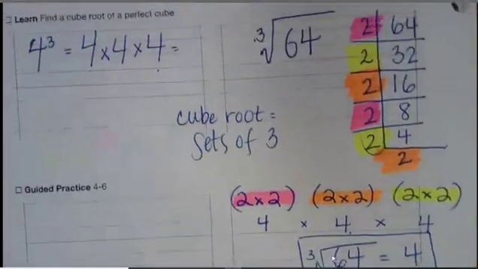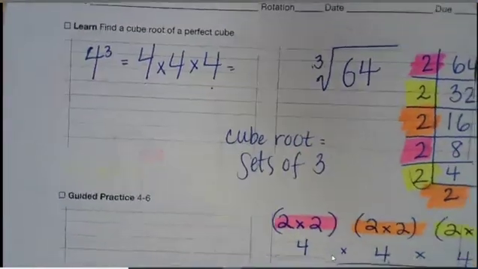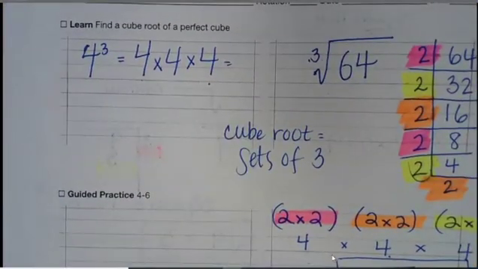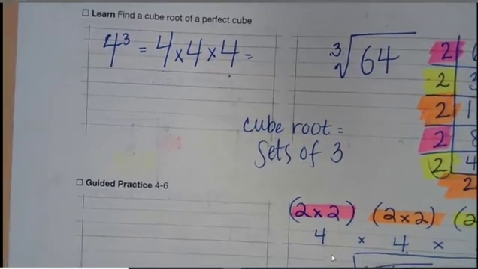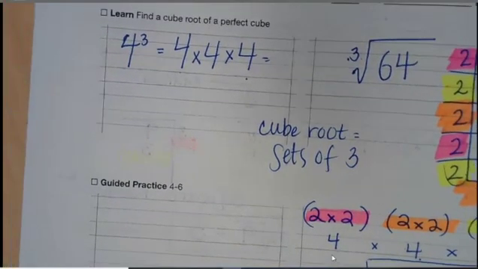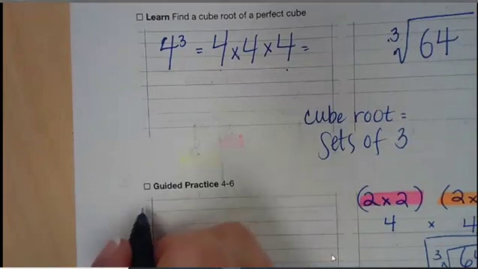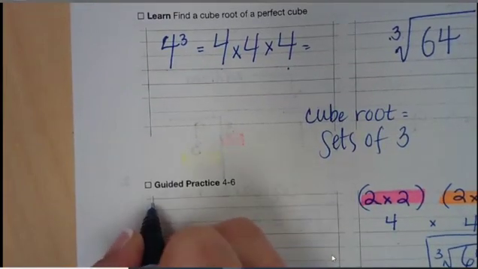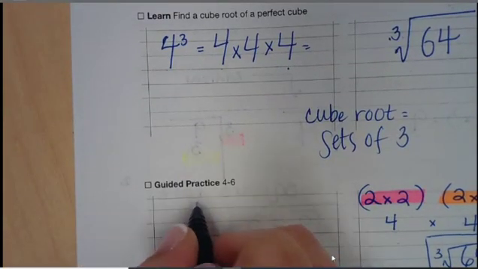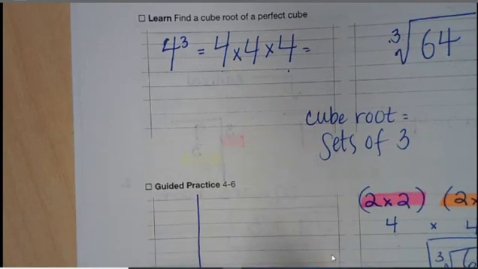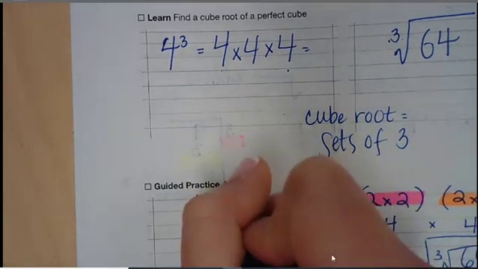So on cube root, you're looking for sets of 3. Okay, so let's practice one that you might be able to see a pattern in, hopefully.